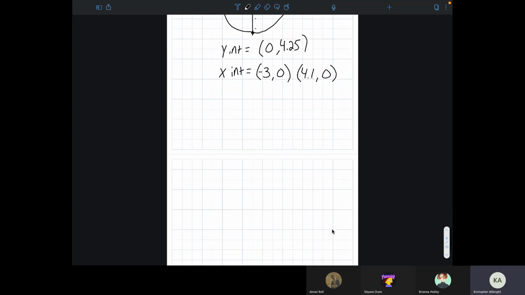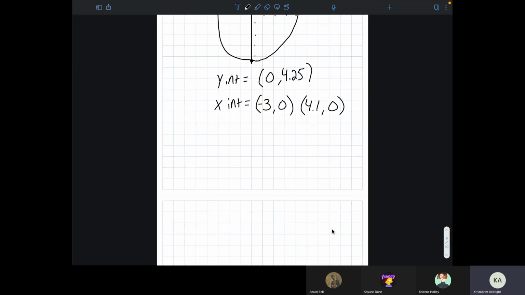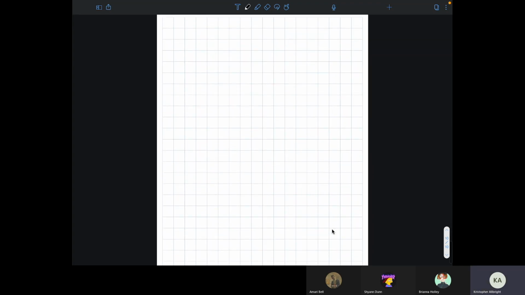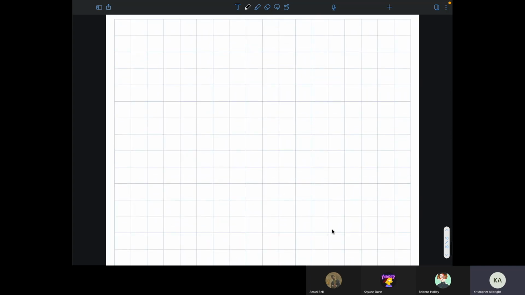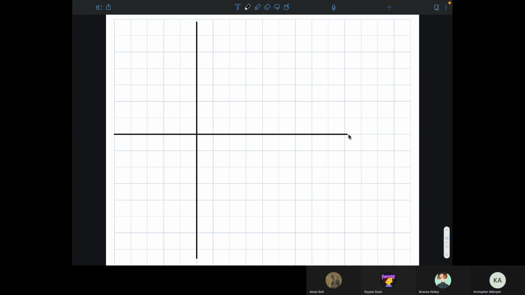For linear functions, it's the same way for x and y intercepts: we just look for a place where it crosses the y-axis. So we have our graph here, and our linear function goes like this. Then we're looking for this point and this point. So this is our y-intercept, and this is our x-intercept.